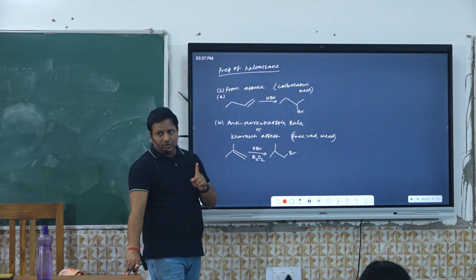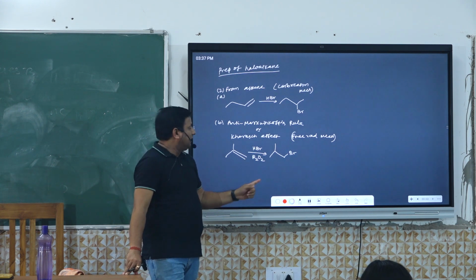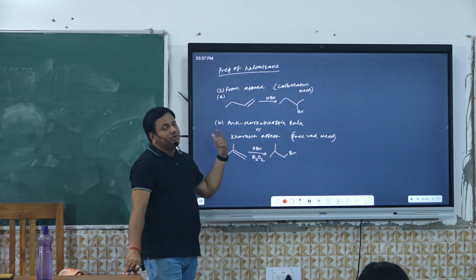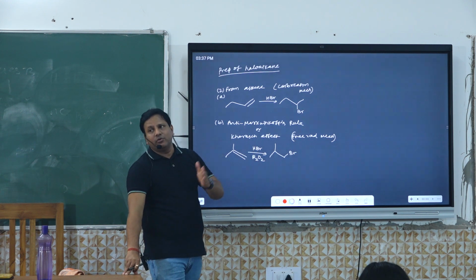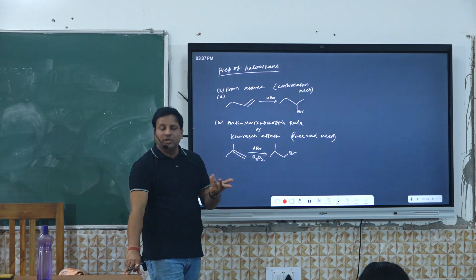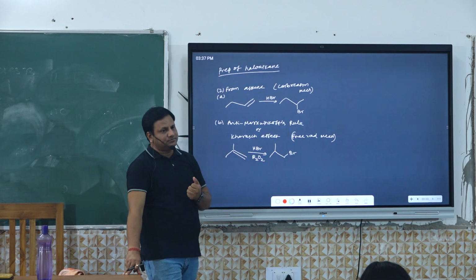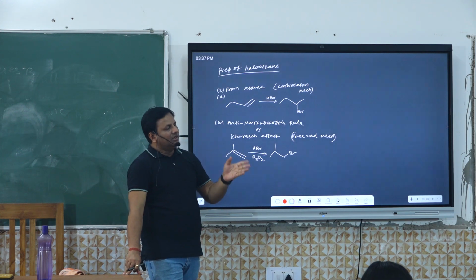That is the first step, homolytic cleavage of the peroxide: the oxygen-oxygen bond breaks and a free radical forms. Once the free radical is formed, it attacks HBr and takes away the hydrogen, so the remaining bromine free radical forms.